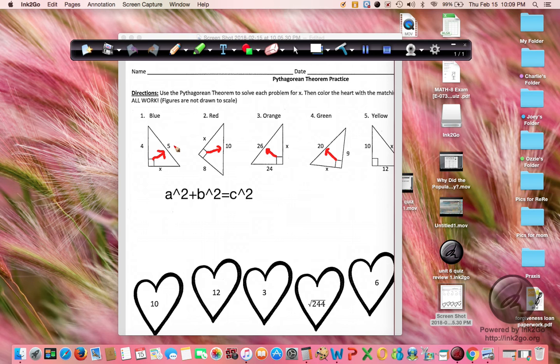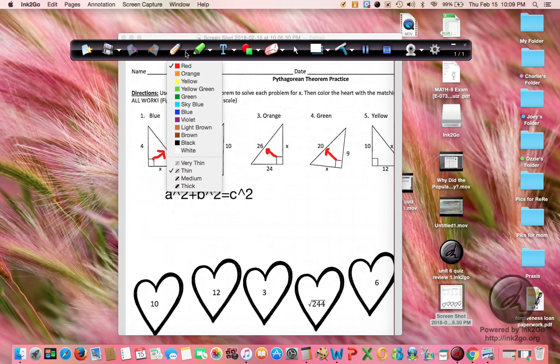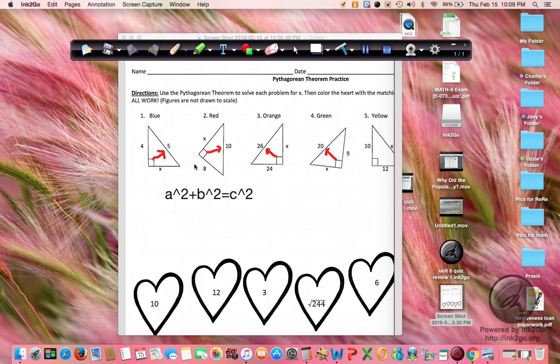That's your hypotenuse. So once we figure out, let's see if I can make it very thin. Let's try this one. Oh, that's so much better. See, there's your C. Once you find out C, remember I said it doesn't matter what A and B is.